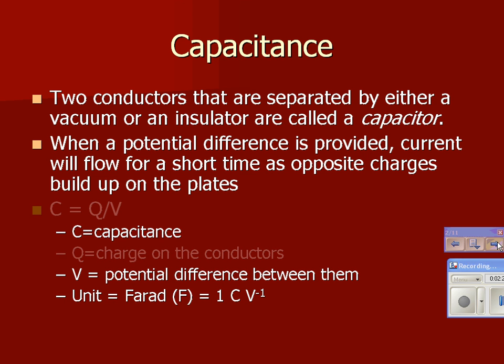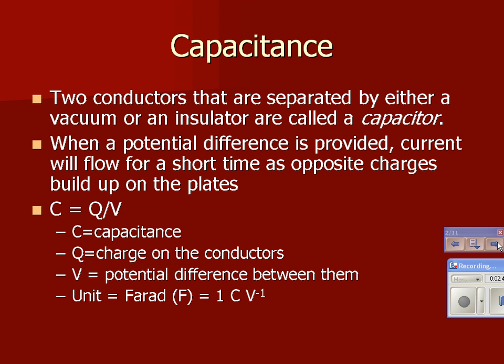The math with capacitors is pretty easy. This idea of capacitance is how much charge it takes per potential difference that gets created. That's the idea, and it's charge per volt. That's how you would calculate capacitance if you needed to. Coulomb is charge.